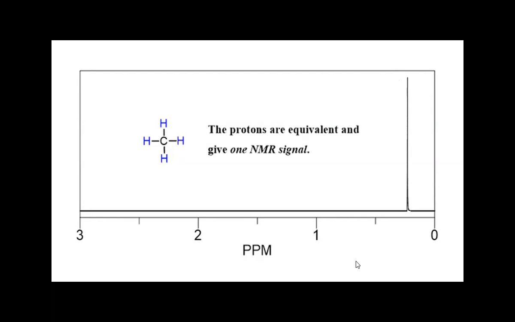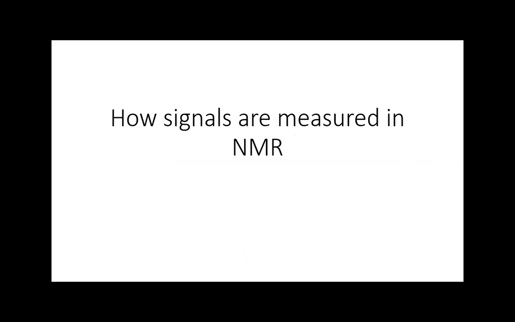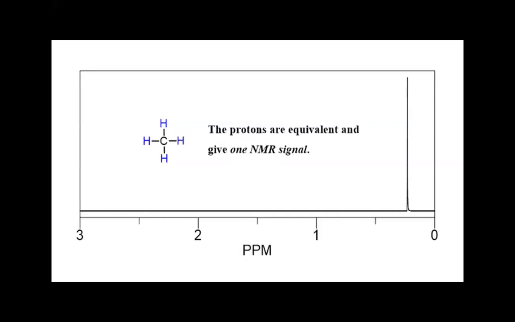Before going further, ppm stands for parts per million. It represents the Larmor frequency difference, and zero means we use a standard reference. So this per million gives you a relative quantity.